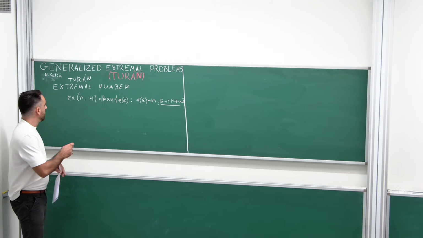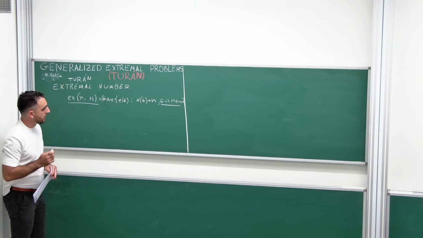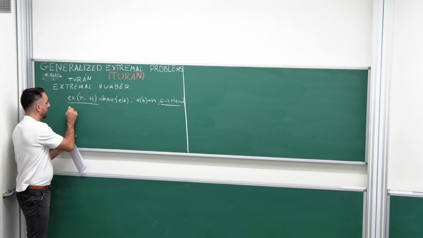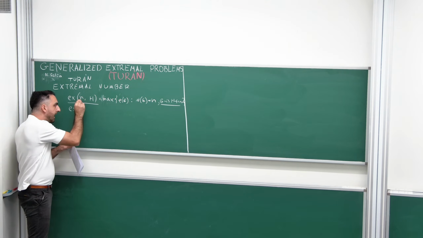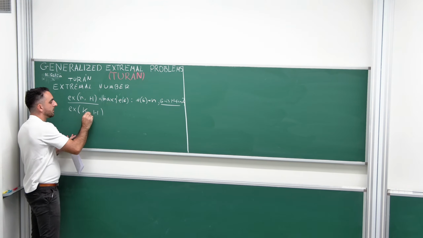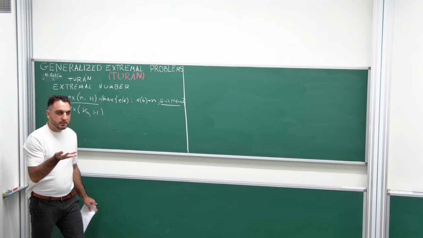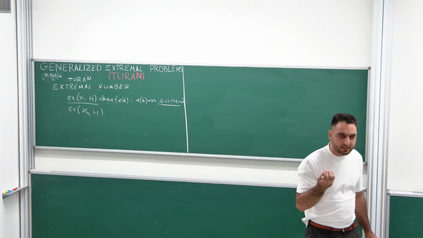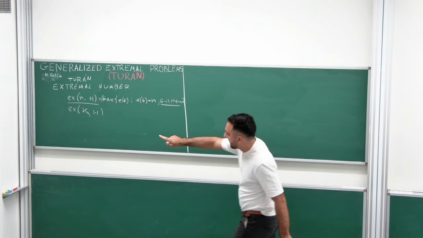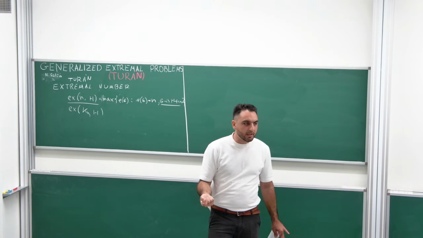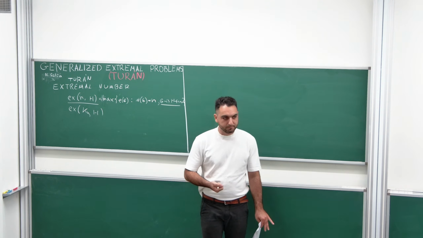So how do I see this thing? I can rewrite this definition a little bit, and instead of writing ex(n,H), I can write, for example, K_n. So you can see that we have K_n, the ground graph, and you are searching for the subgraph of that given graph with the property that you don't have H as a subgraph.